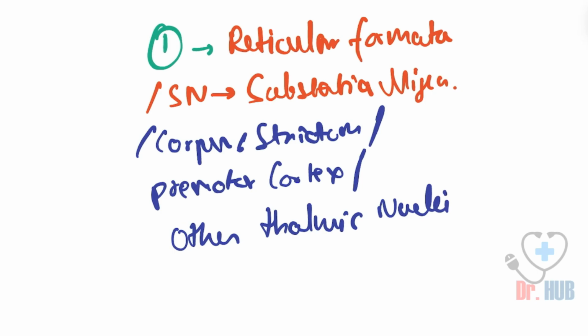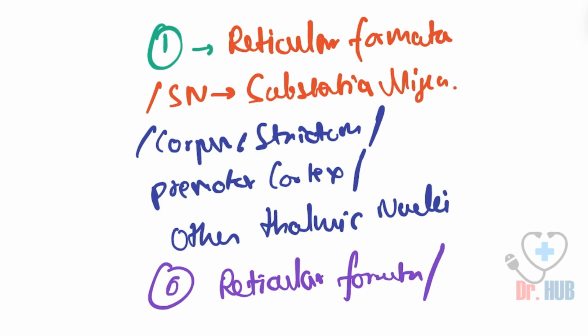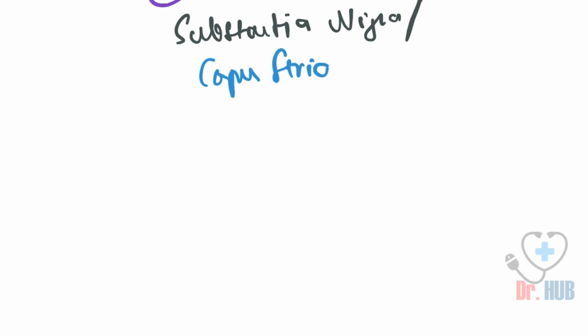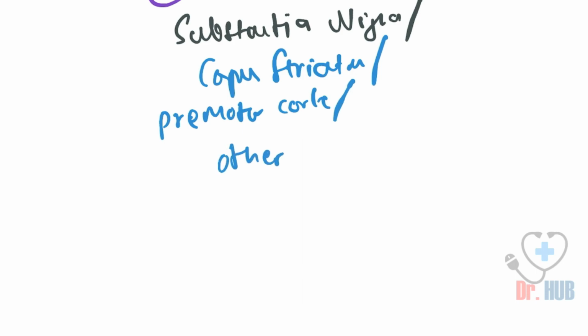Now we look at the output of the ventral anterior. The output includes the reticular formation, the substantia nigra, the corpus striatum, the premotor cortex, as well as the other thalamic nuclei.